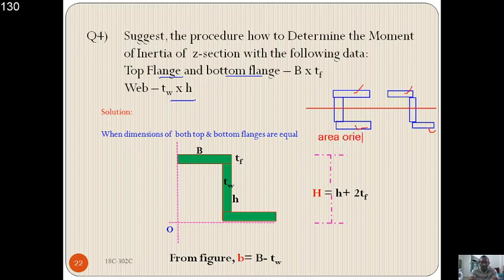Area orientation might be different, but their area is the same about symmetry.